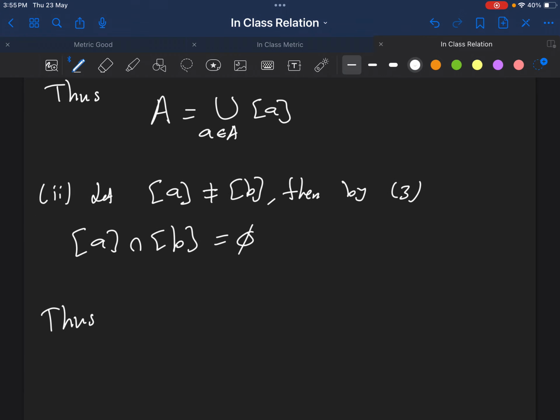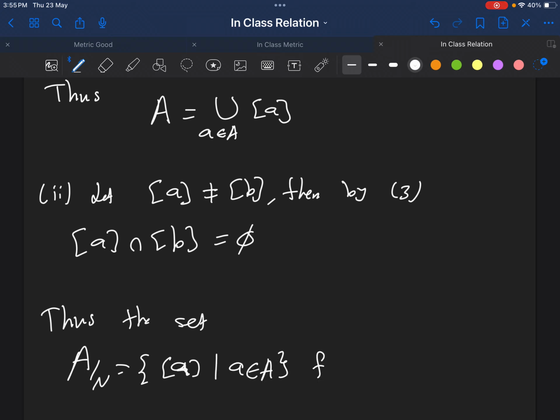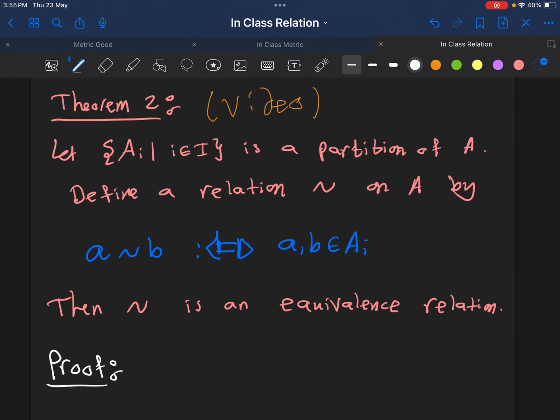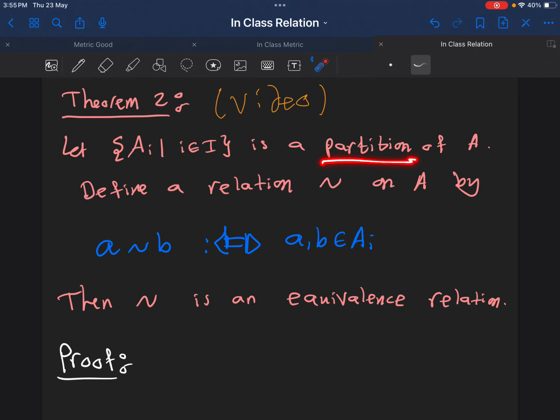Thus, the set A mod tilde, A delta, forms a partition of A. And that's the proof.